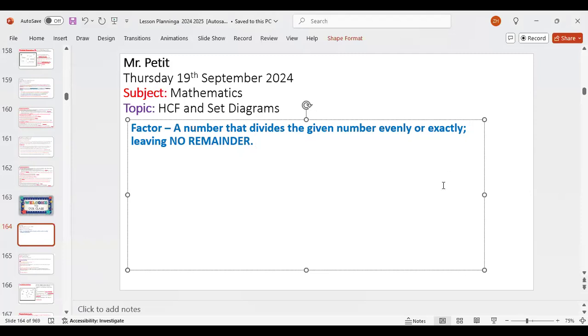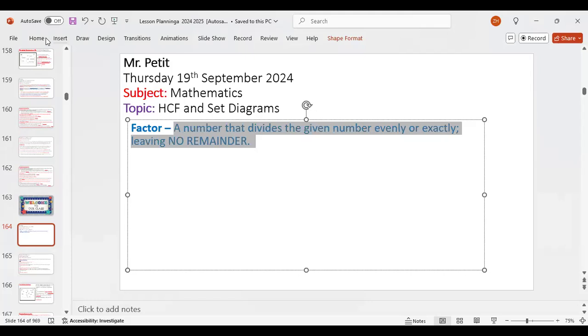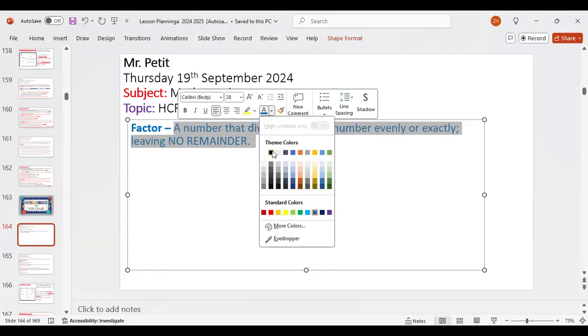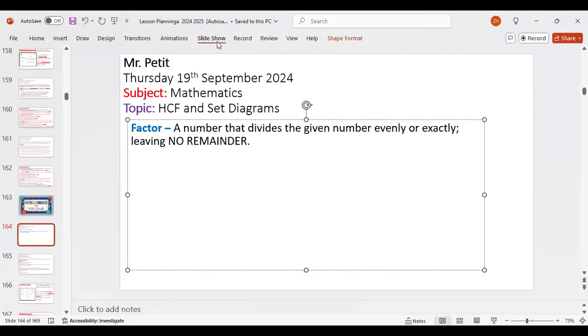Andrea, can you read the definition of a factor? A number that divides the given number evenly or exactly, leaving no remainder. Good. Barry, when we have the factor of a number, do we have any remainders? No, sir. It's only 0. That's it.